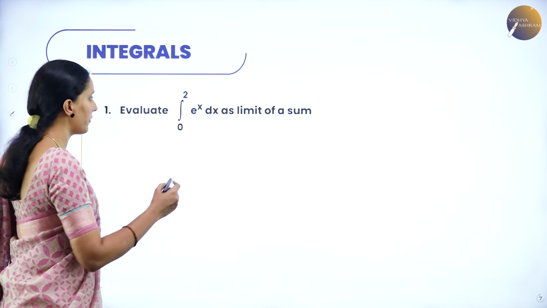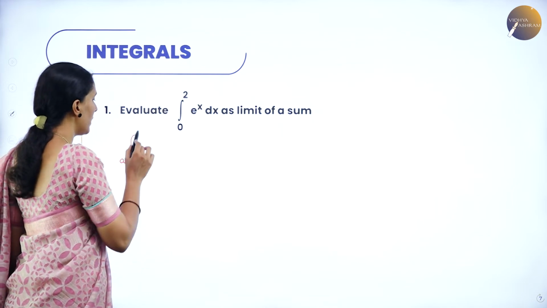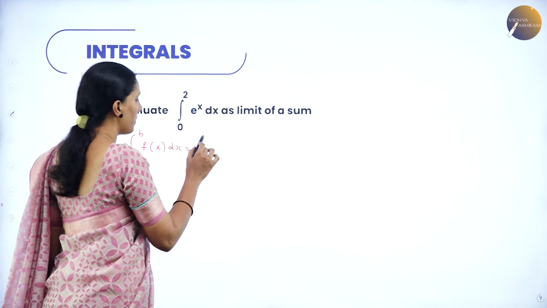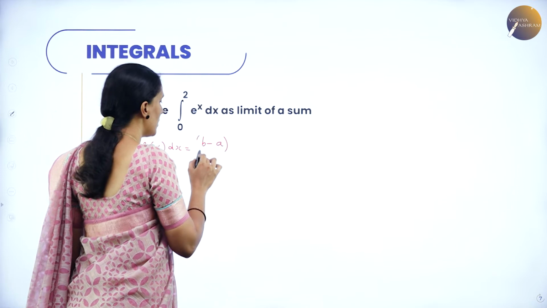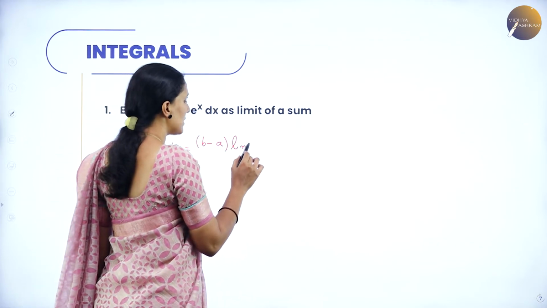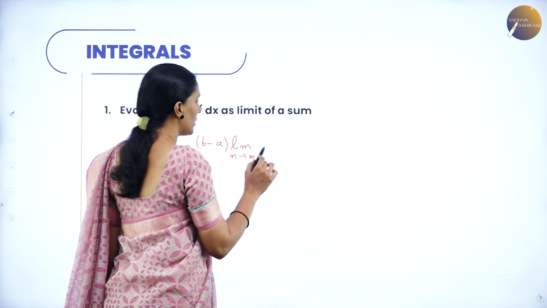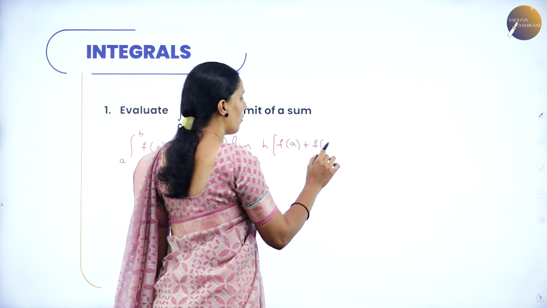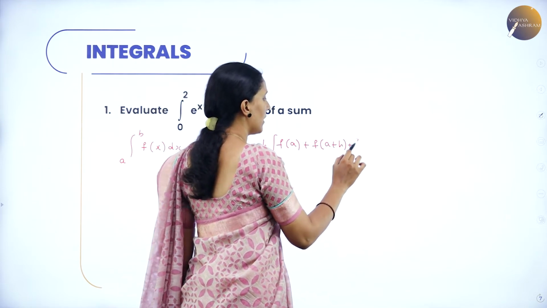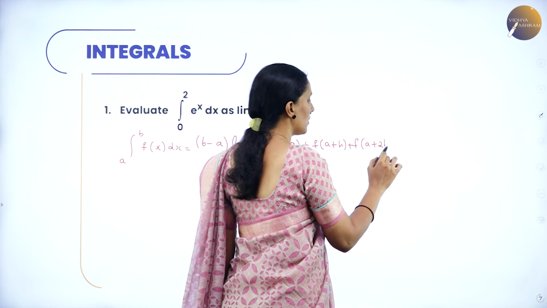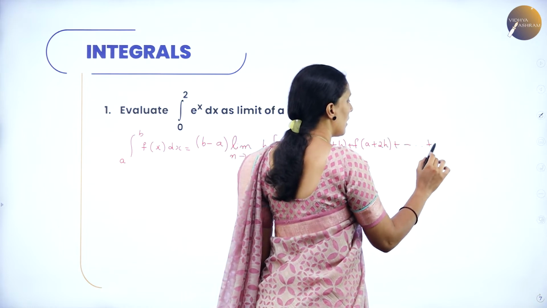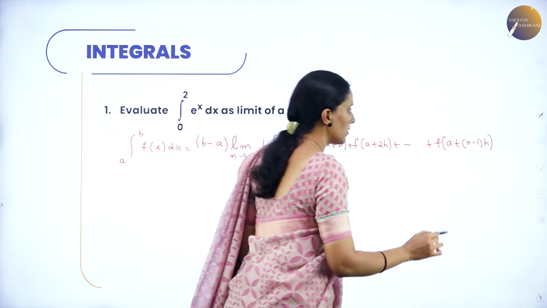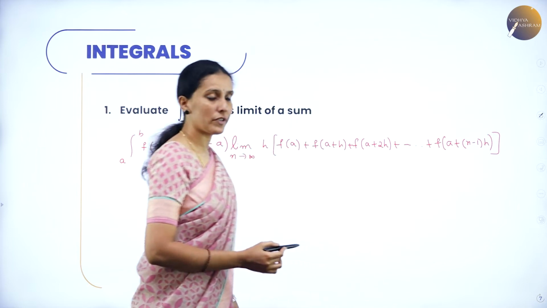What does the limit of a sum definition say? The integral from a to b of f of x dx, where h is replaced by b minus a by n, can be written as b minus a times the limit as n tends to infinity of h times f of a plus f of a plus h plus f of a plus 2h plus and so on, up to f of a plus n minus 1 into h. So this is what the definition of the limit of a sum says.